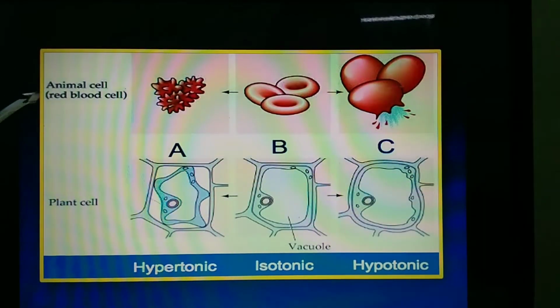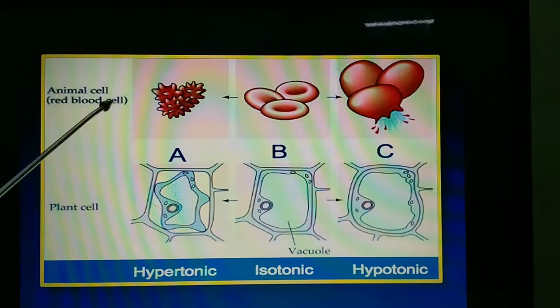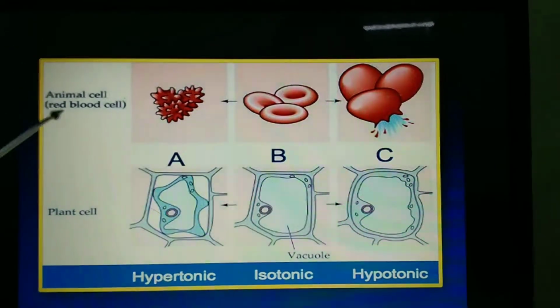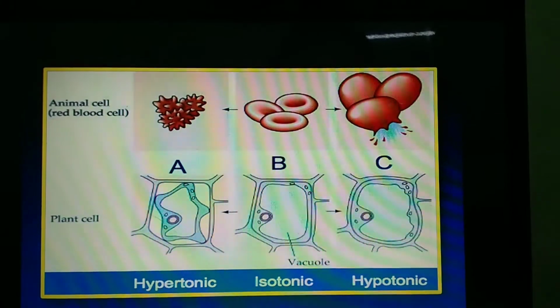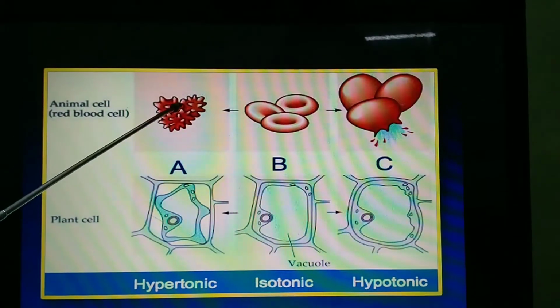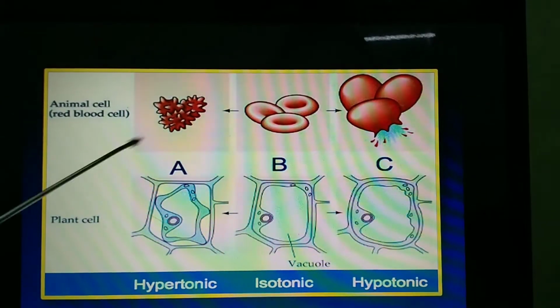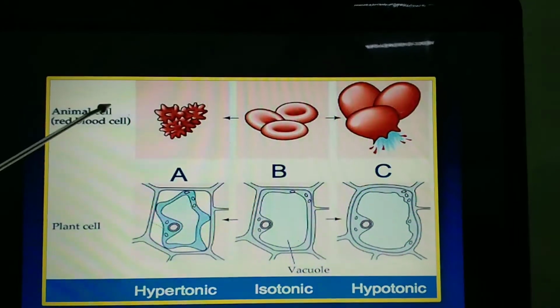Now let us look at the example. We are taking three types of solution, and an animal cell, that is the red blood cell, is taken.